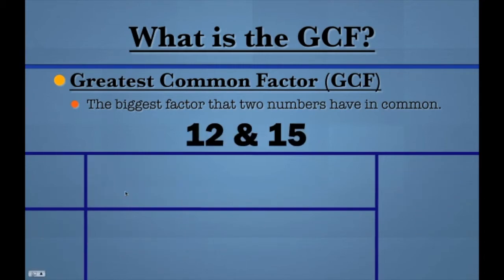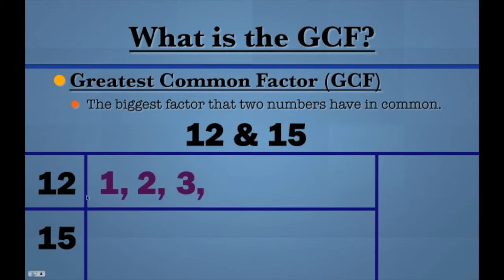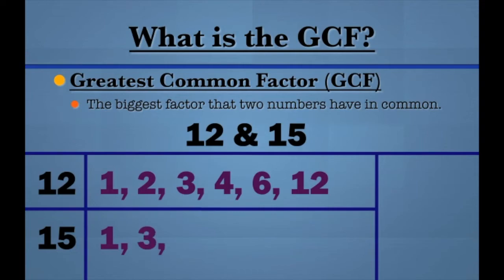How about another example? 12 and 15. We'll write the factors of 12 here, and we'll write the factors for 15 over here. The factors for 12 are 1, 2, 3, 4, 6, and 12. And the factors for 15 are 1, 3, 5, and 15. Now, what factors do they have in common?